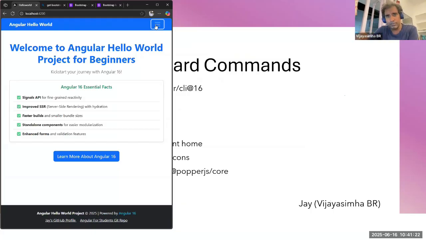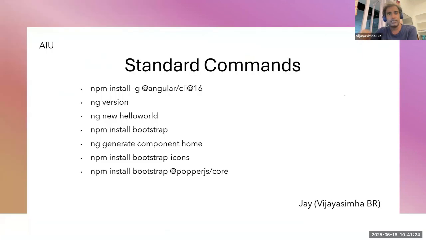So again, Bootstrap, because it's a CSS theme, it doesn't actually contain the necessary JavaScript file. So what we have to do is install that portion separately. So that is what the last line is. That is where you call popper.js code. So to get the full Bootstrap experience in our project, these are all the things we need.